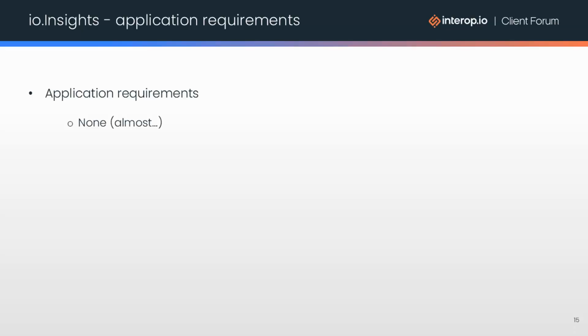At any rate, no code changes will be necessary unless you're interested in adding your own custom instrumentations. At the time of this recording, io.Insights client libraries are available for JavaScript applications, and .NET support is under development.